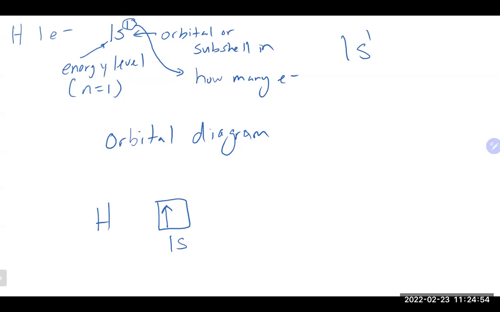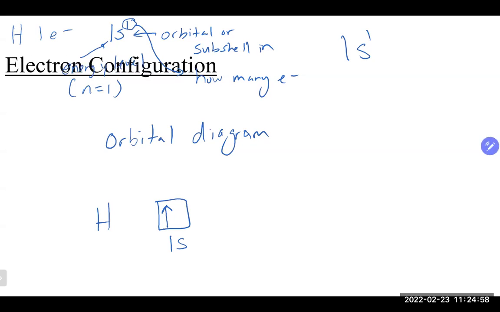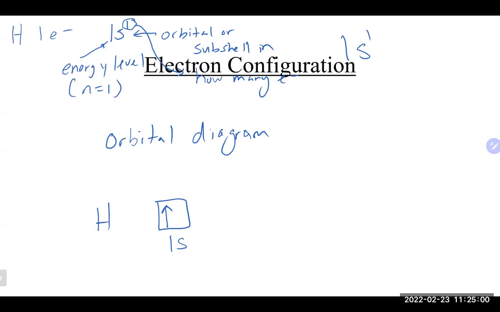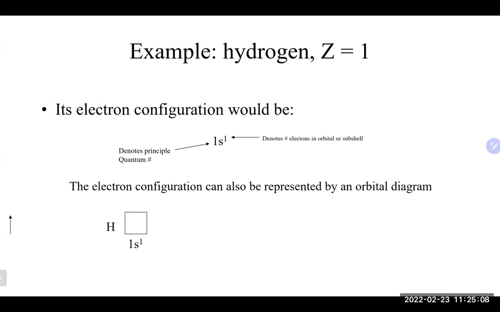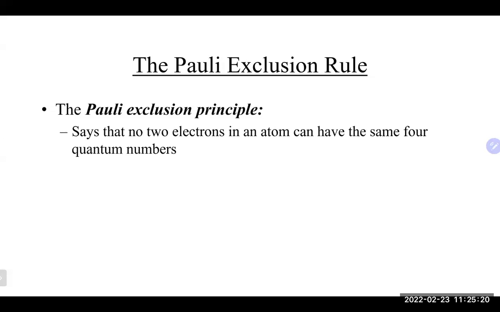Now, if we look at helium, which is number 2, which would be 1s2. There is a rule, though, about how the electrons go into it.